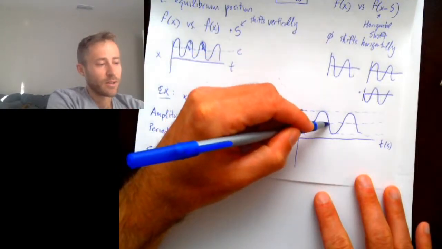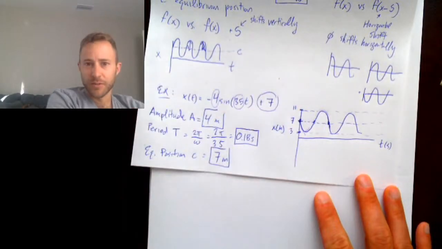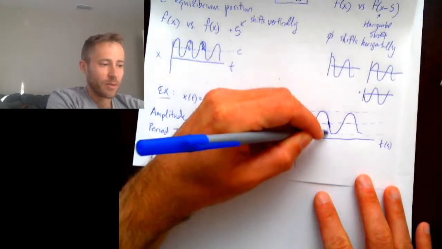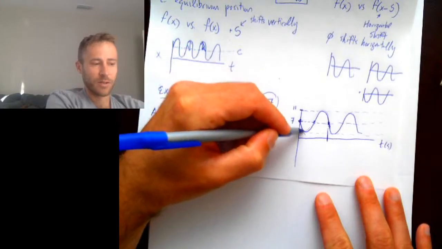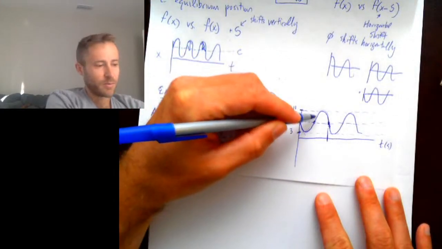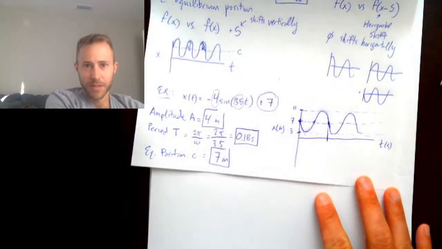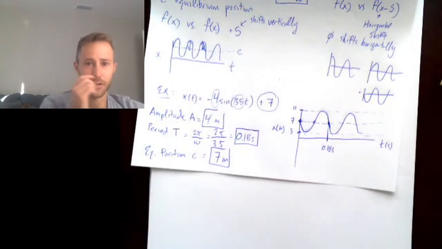But here it's going down and it crosses 7. So one period would be this amount of time right here, because that's when we have a dip, a valley, and a mountain. We come back to the same spot. So this would be 0.18 seconds later.